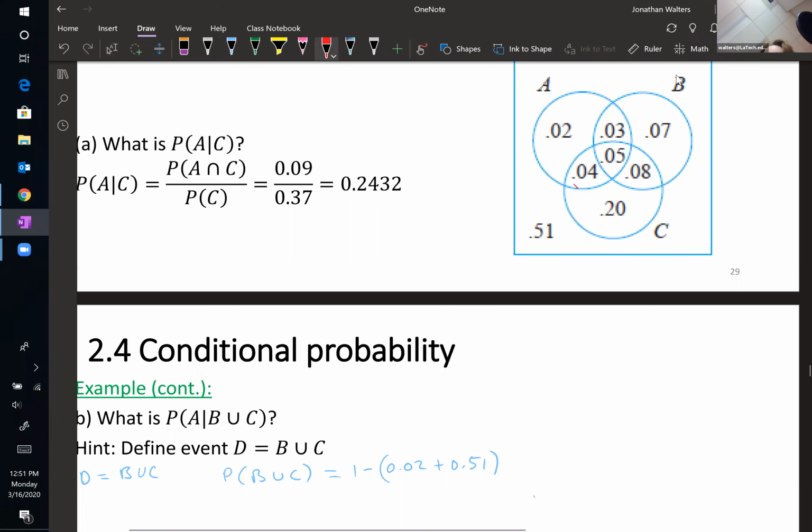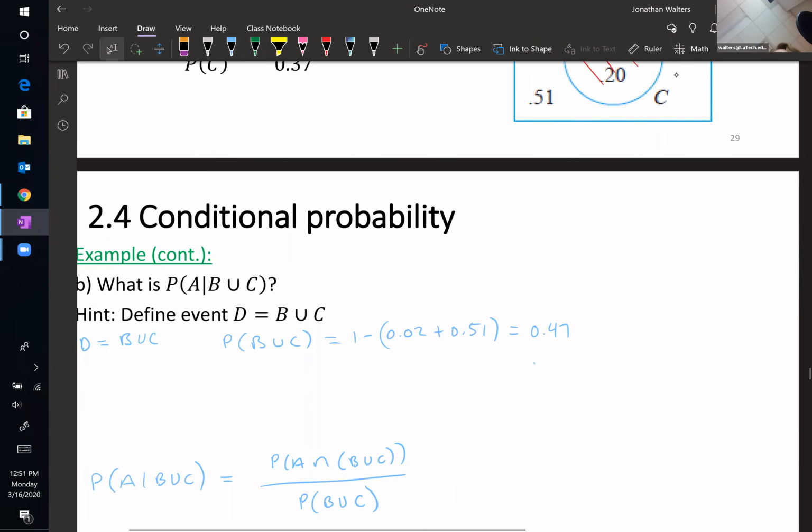This would be B union C. So everything that's not in there is 0.51 plus 0.02, and then do 1 minus that. And that will give us probability of B union C, which is going to be 0.47. And that's going to be our denominator. So divided by 0.47.